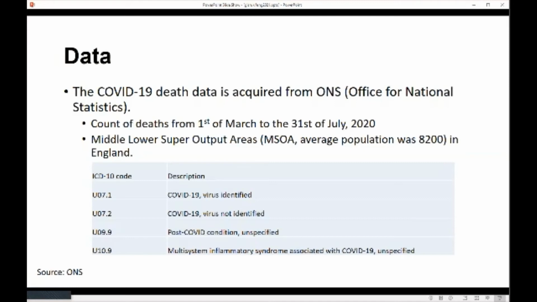The COVID-19 death is based on the death certificate. If COVID-19 is one of the causes of death on the death certificate, the case will be classified as a death involving COVID-19.